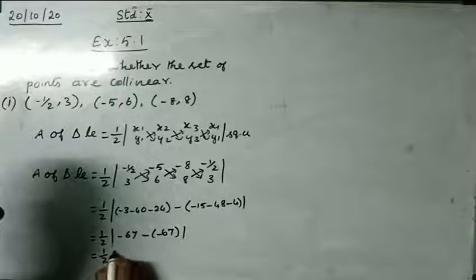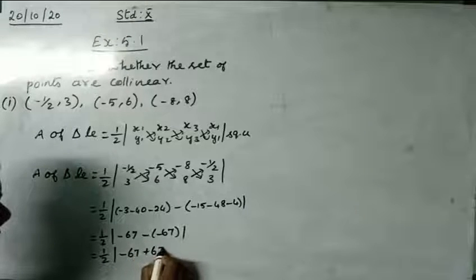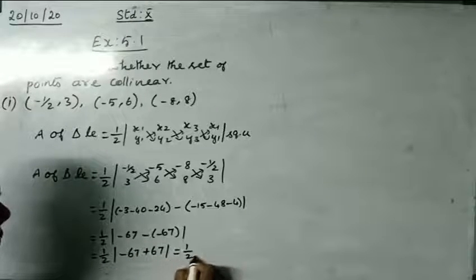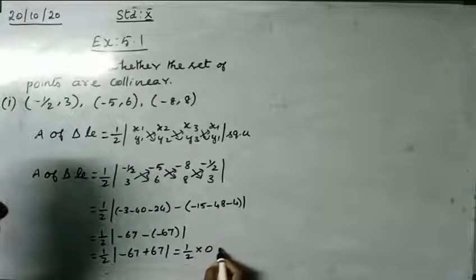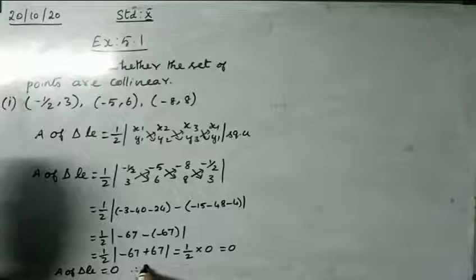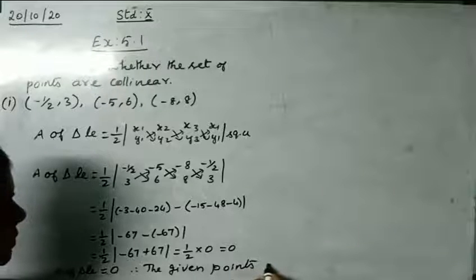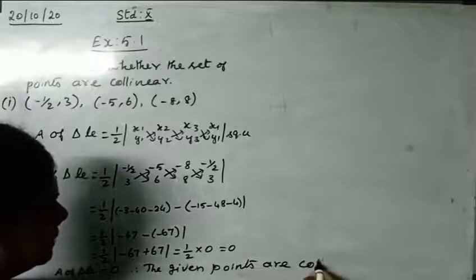So 1 by 2 modulus of minus 67, minus of minus gives plus 67. Minus 67 plus 67 is 0. Half into 0 is 0. So here I am getting the area of the triangle equal to 0. Therefore the given points are collinear.